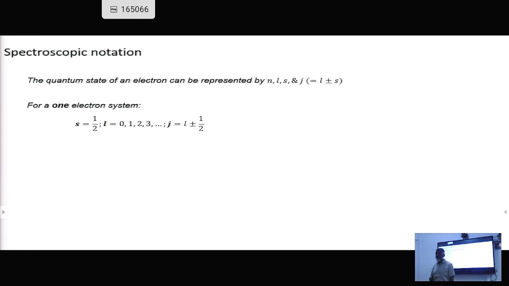The J, which is the total angular momentum, is given by L plus or minus half. But J cannot be negative. That is the restriction. So if you have an atom with L equal to 0 and one electron with spin half, then 0 minus half is not allowed. It should be plus half.